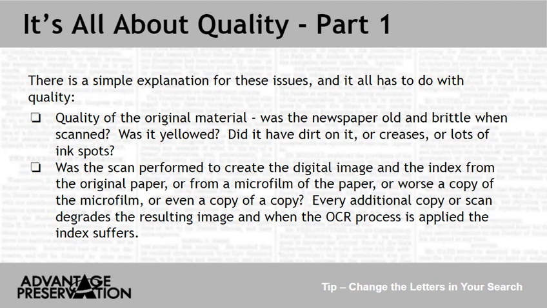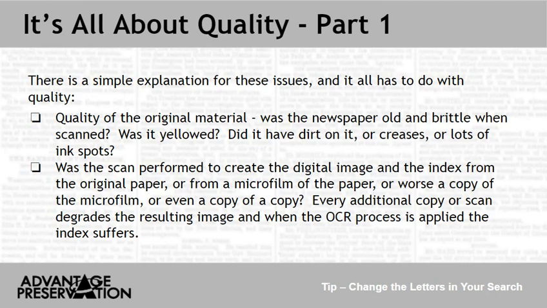The scan of the newsprint is then taken by the OCR process to create a digital representation, which is called the search index. But maybe the original newsprint was scanned and a microfilm of the newspaper was made.